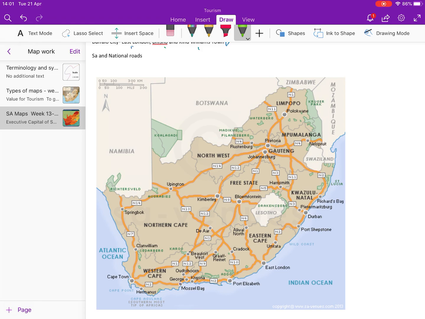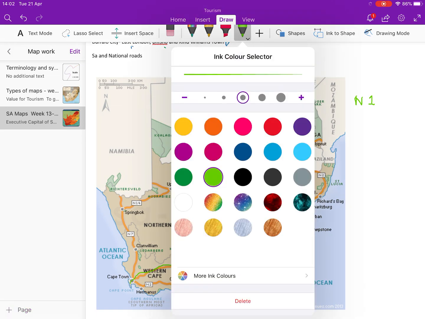Our longest national road runs all the way from Cape Town through Joburg and Pretoria, all the way into Zimbabwe, through Limpopo. That is called the N1. The N1 is a massive highway that gets used very often to travel from one place to the next.